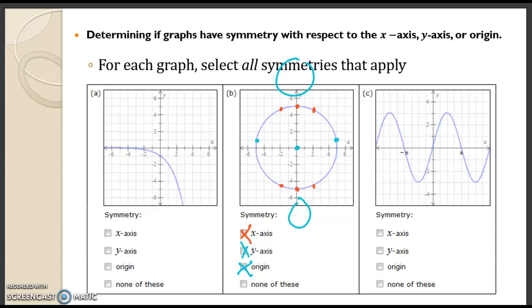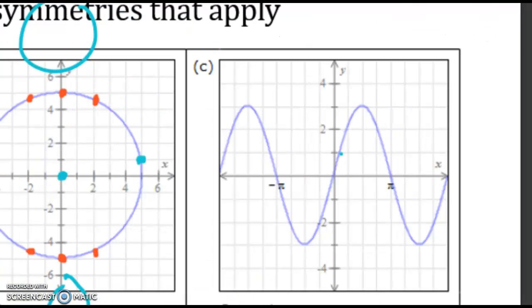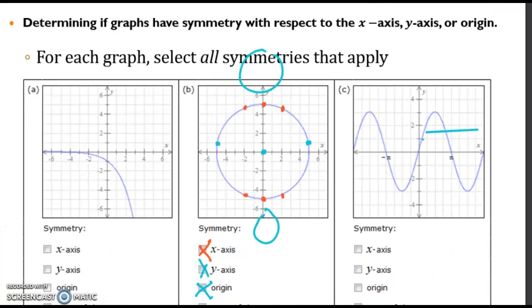Okay, but does it have origin symmetry? Well, if I take this graph and I rotate it 180 degrees, you take this half of the graph and rotate it 180 degrees, this point is going to go to here, zoom in, this point goes to here, and kind of rotate everything, and it is going to end up lying on top of itself.